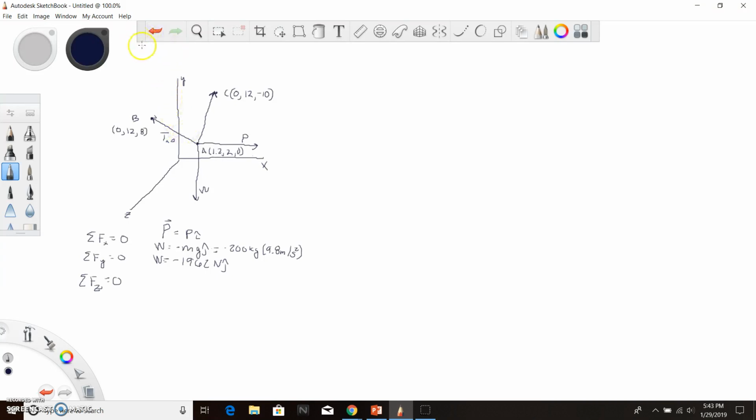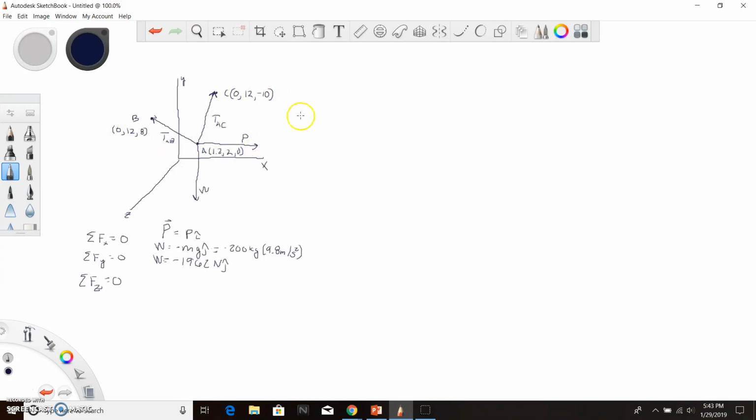Oh gosh, that looks like a D. And let's call this one T AC. Okay, so we want to find a unit vector for TAB, and we can find it because we know what the two points are. We know what point A is and we know what point B is.